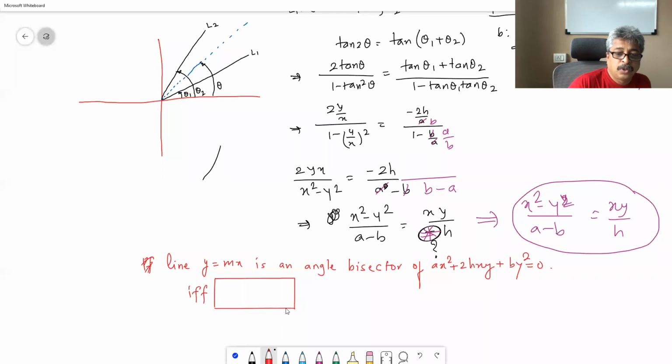The condition for y is equal to mx to be an angle bisector is easy. It is h into 1 minus m square equals m into a minus b.